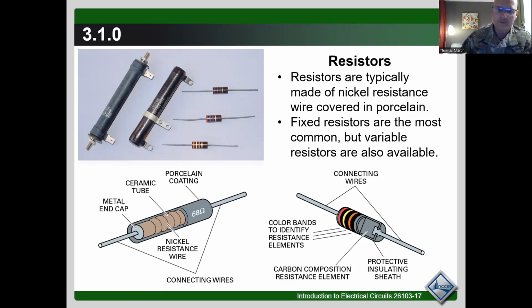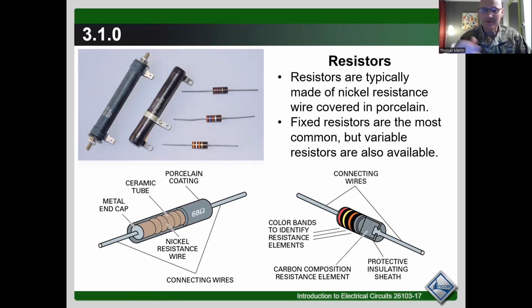But once again, we just don't deal with them very often. These are more of the electronics career field, and we're not doing electronics. So some of you who have been working in some of the STEM programs here at the school may be more familiar with resistors than we would be in the building career fields.